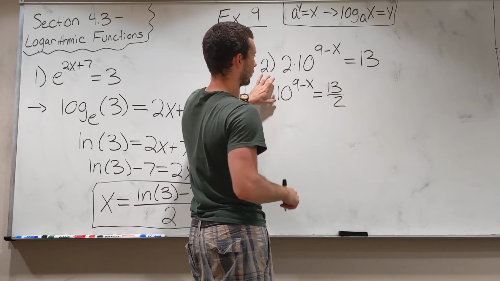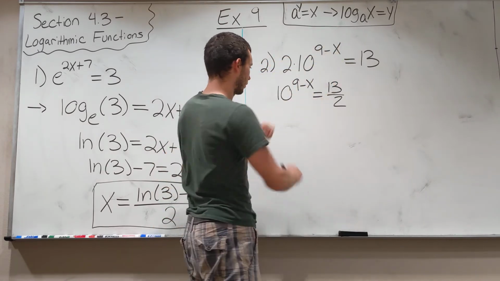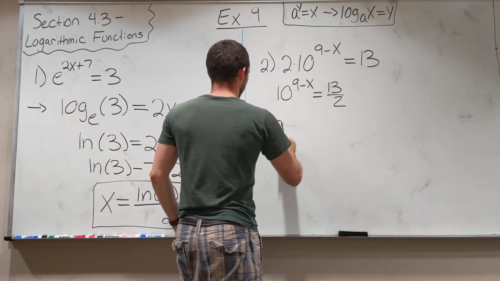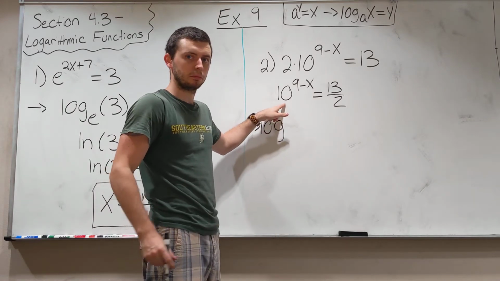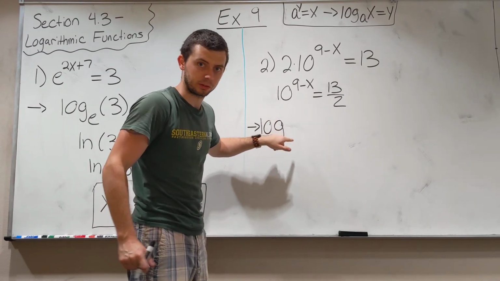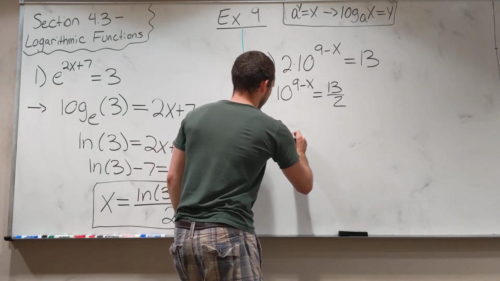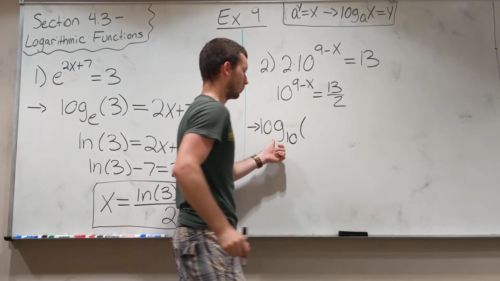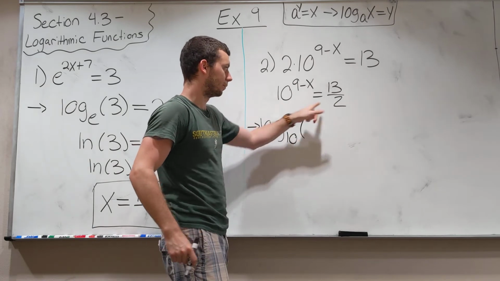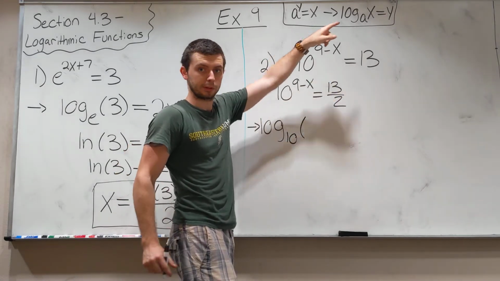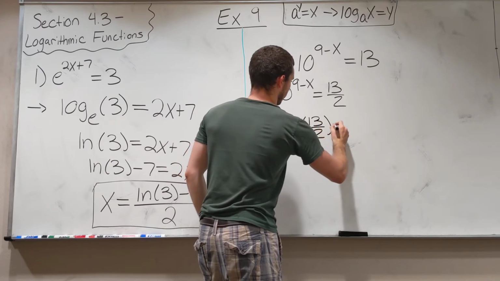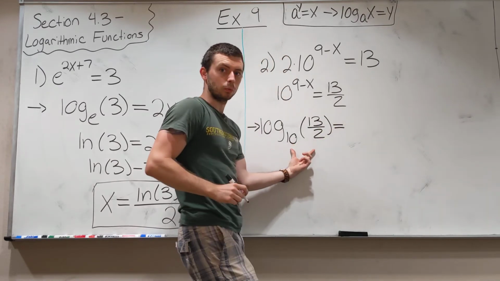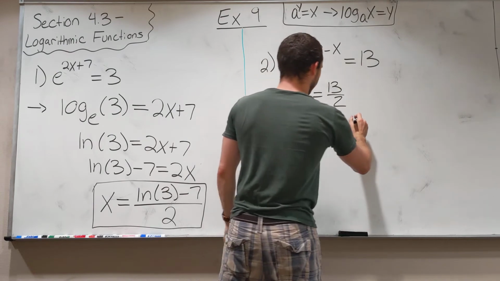To convert this to a logarithm, it's going to be log base 10. Remember, the base of the exponent is the base of the logarithm. This is going to be log base 10 of the number over here, as the formula states, and that is equal to the exponent, 9 minus x.